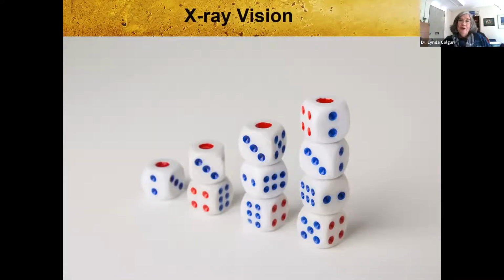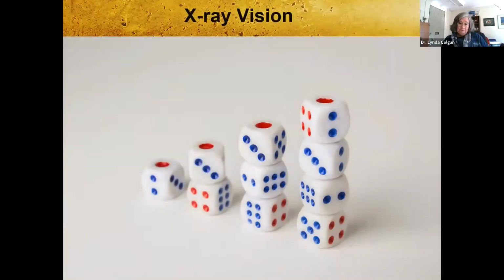I am going to prove to you that I have X-ray vision. So, I am going to ask one of the classes in our audience to make a tower with 2 dice.